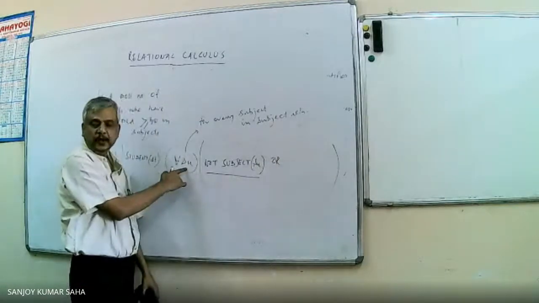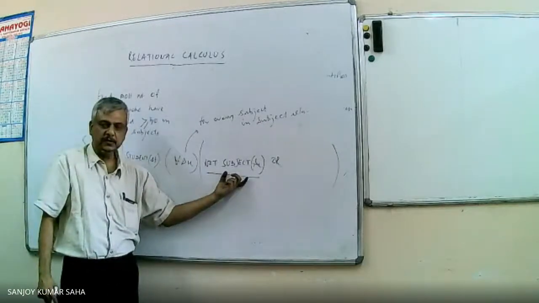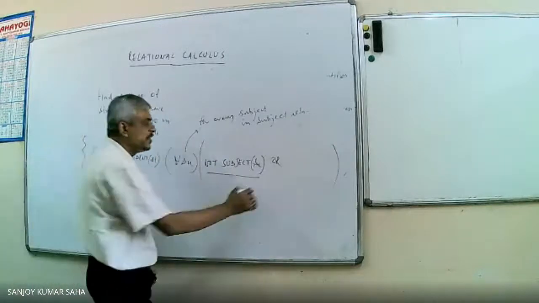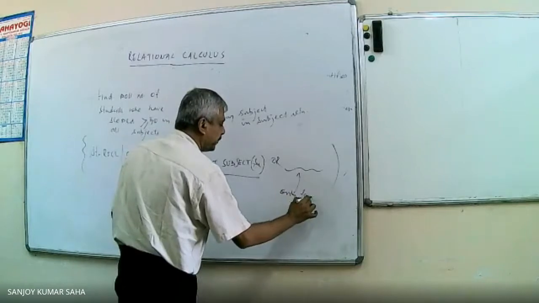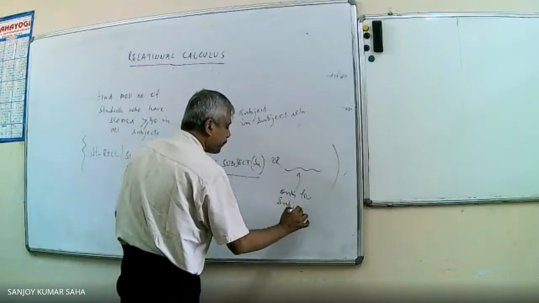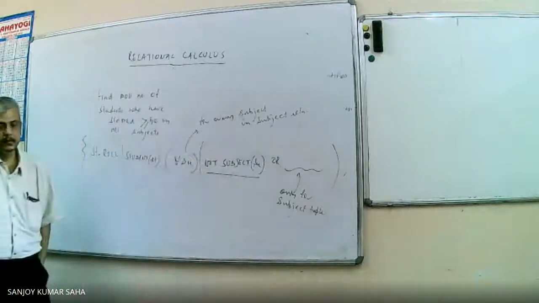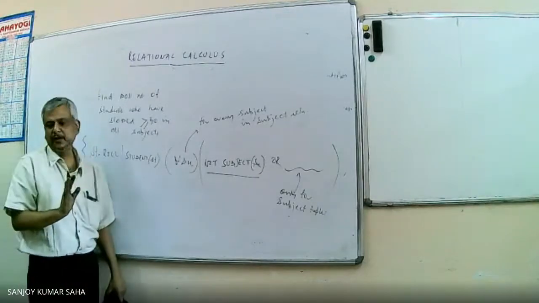If SU is holding a subject tuple, then this portion is false. Then only the OR part will be checked. So this portion will be checked for whom? Only for subject tuples. Is it clear? This is a very important concept.